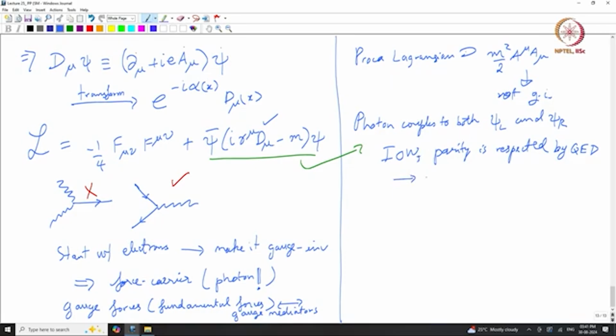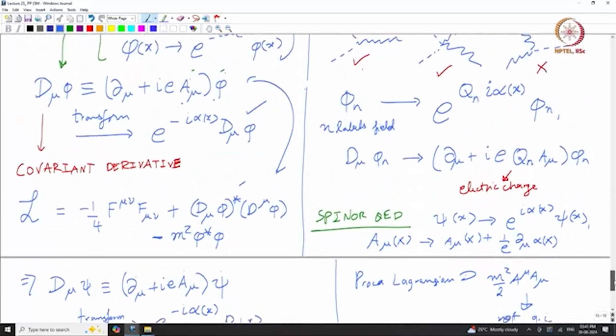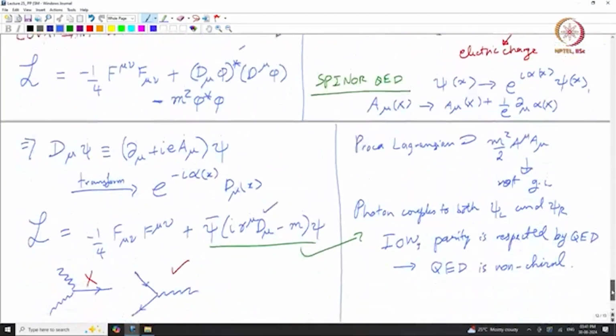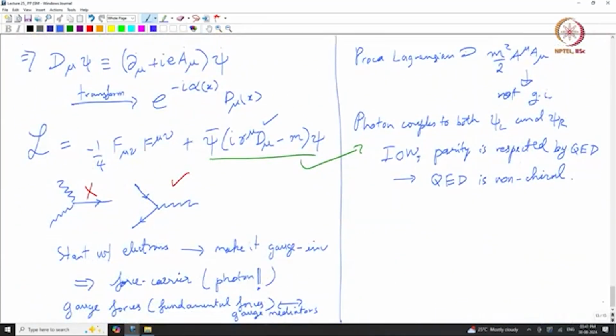Or said yet more differently, QED is a non-chiral theory, okay. See, all of this was handed to us by demanding gauge invariance, right. So, that is the beauty of this, it does describe nature amazingly, okay.